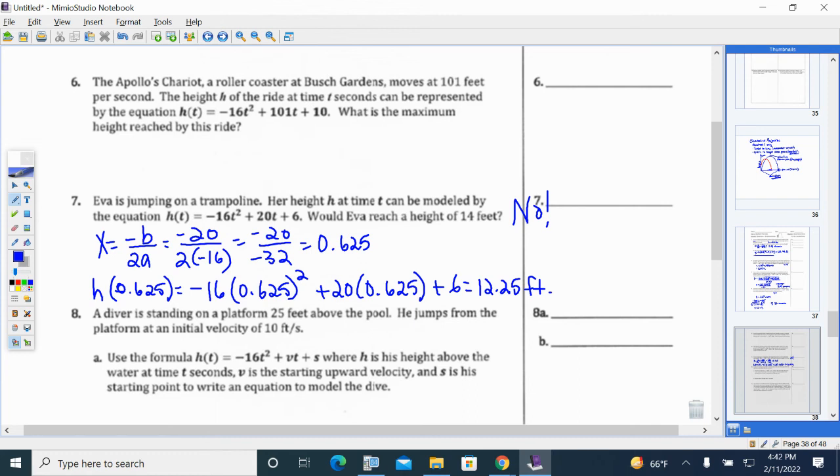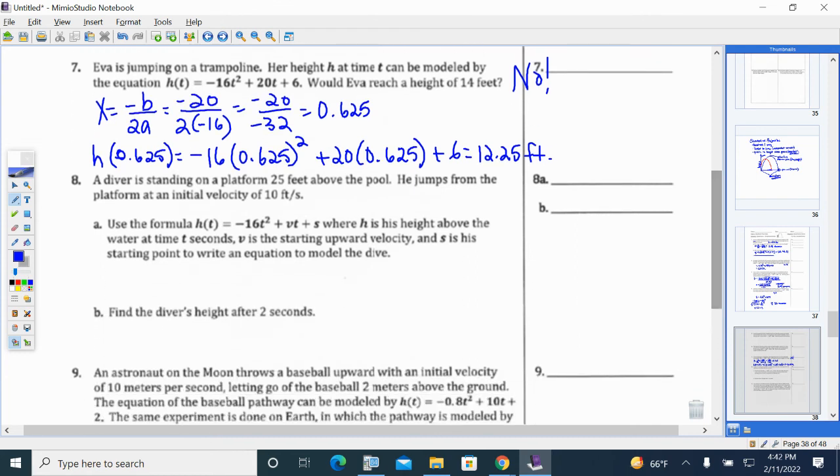Let's look at question number 8. A diver is standing on a platform 25 feet above the pool. He jumps from the platform at an initial velocity of 10 feet per second. Use the formula h of t is equal to negative 16t squared plus vt plus s, where h is his height above the water at time t seconds, v is the starting upward velocity, and s is the starting point, to write an equation to model the dive.